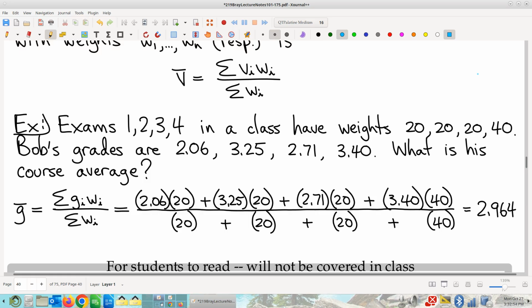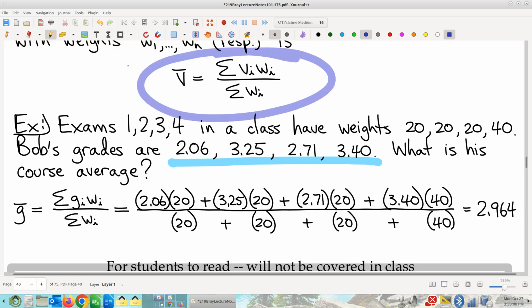So 4.0 means A and 3.7 means A minus, like that. And you'll have a bunch of grades on a bunch of graded items, and we will do a weighted average exactly per this formula, right? Weighted average. And specifically, there are certain weights that are advertised. Now here, in this hypothetical example, the weights are these numbers.